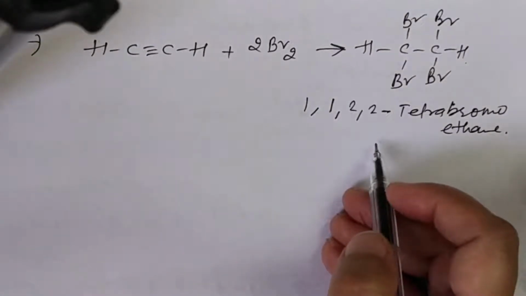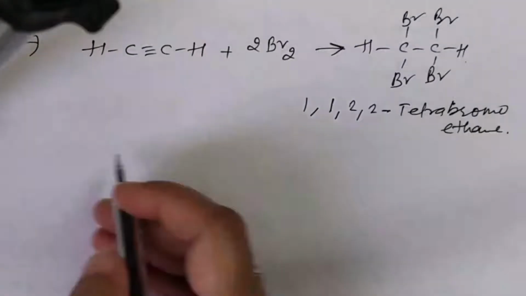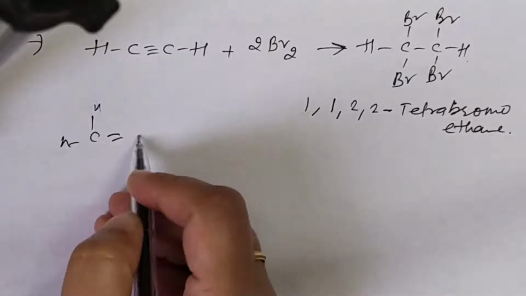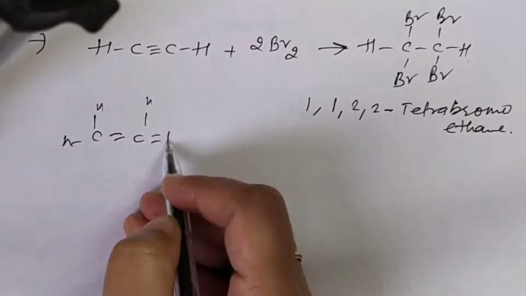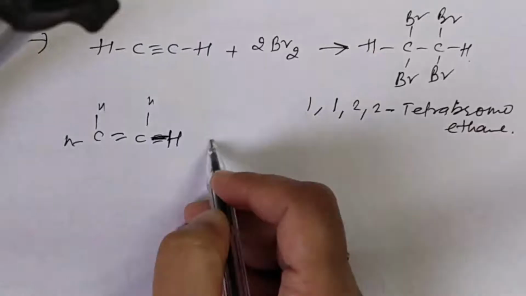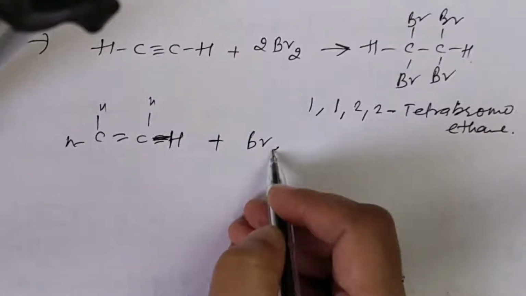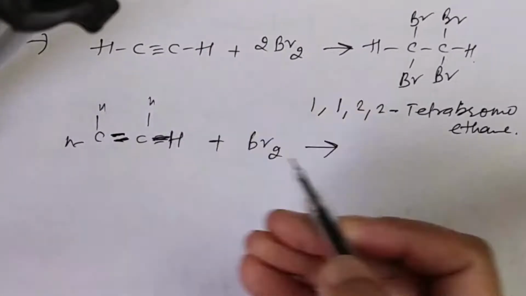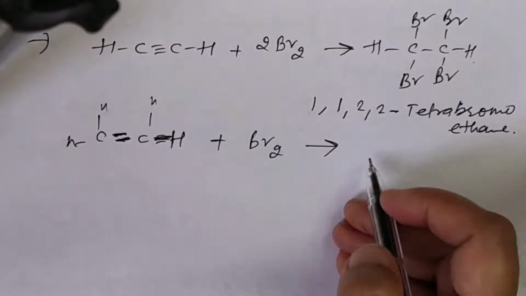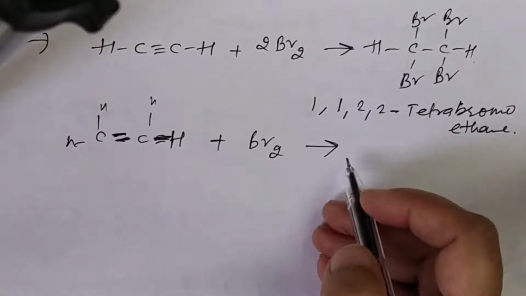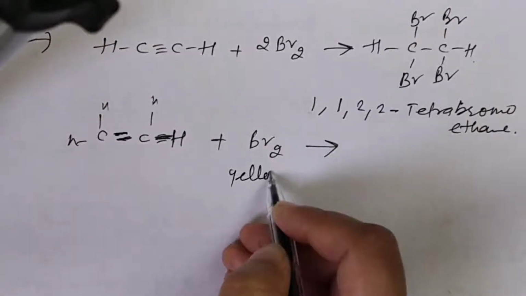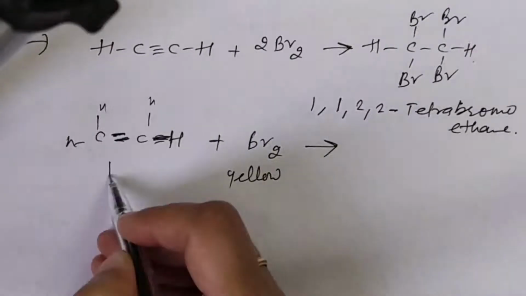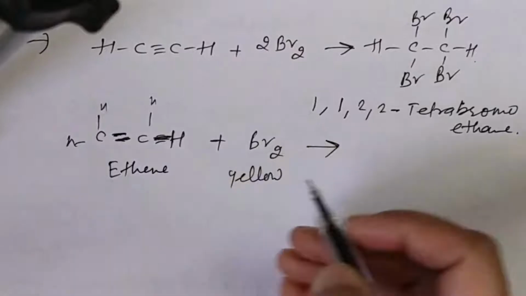Okay, let us take another example. Suppose you take a molecule of ethene. In this example, you have to add just 1 mole of bromine molecule, because there is one double bond here. As bromine is yellow in color, when you add this bromine to the ethene molecule, what will it form?